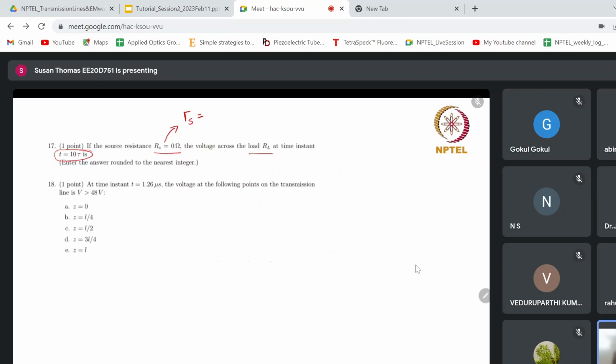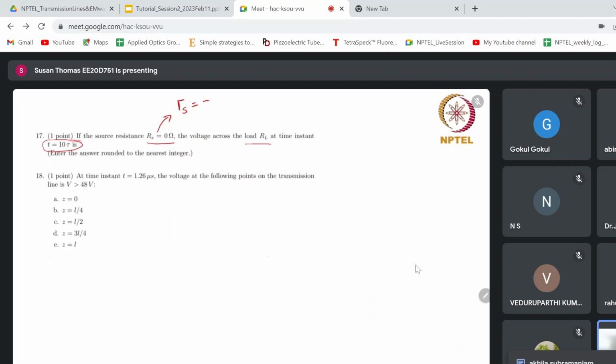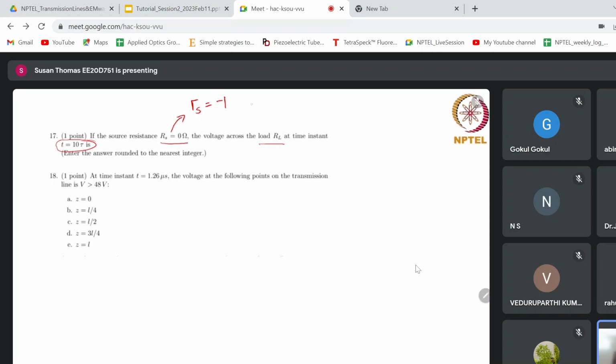Please do respond. Yes, Akhila, you are right. Gamma S is minus 1. Now, gamma L, there is no change. So, let me write it. Gamma L is minus 0.2. There is no change.